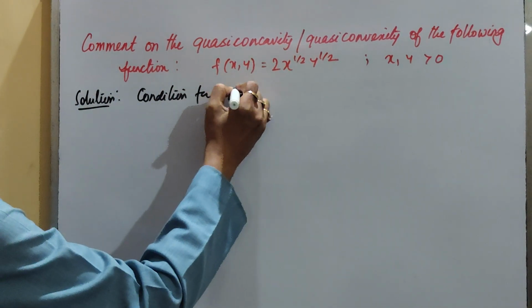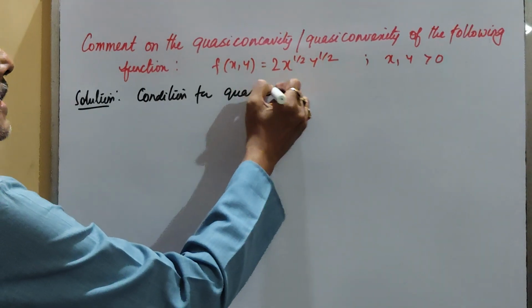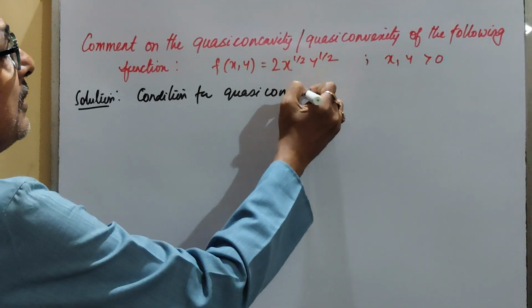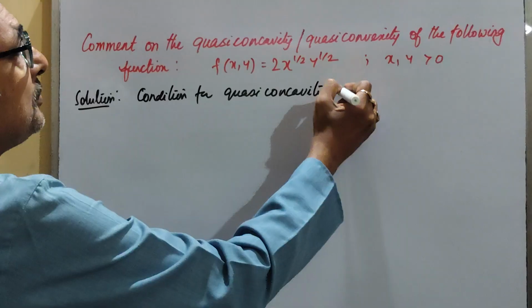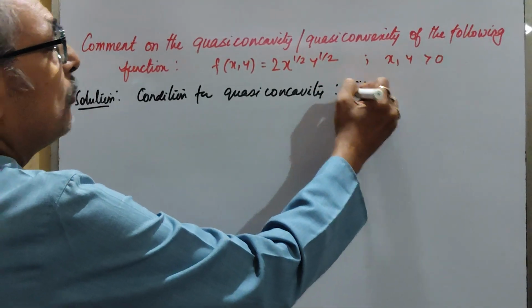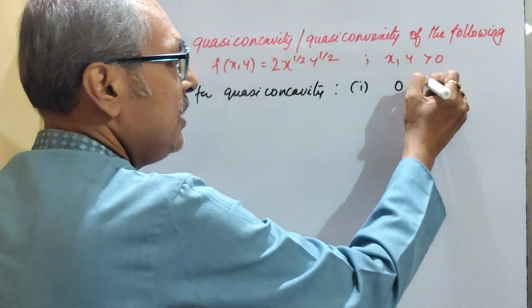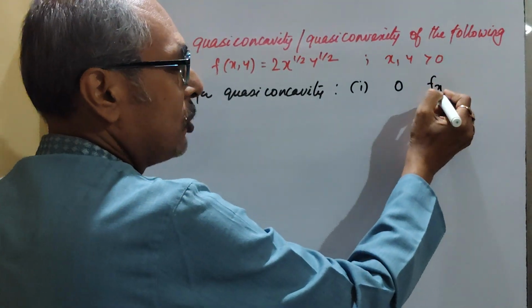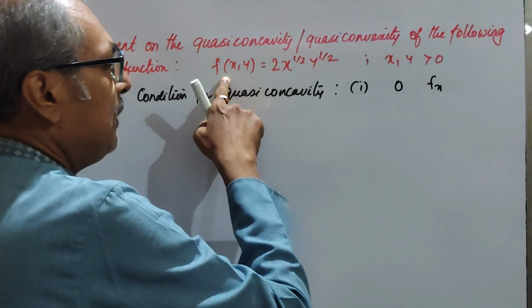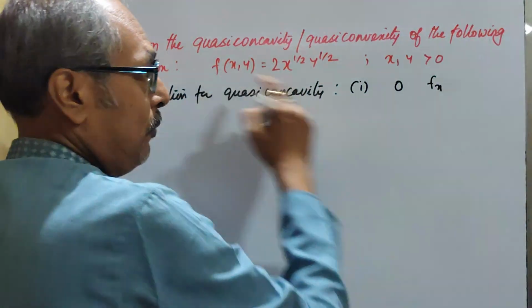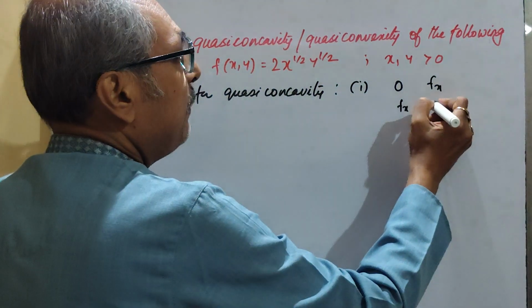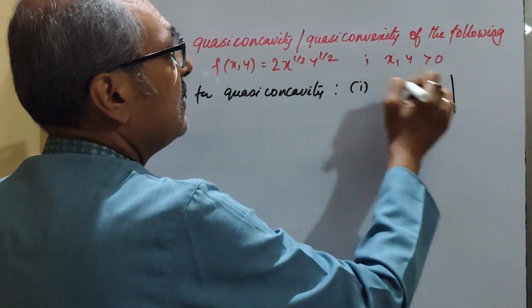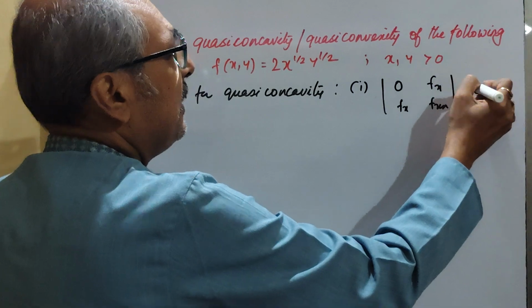Condition for quasi-concavity is: number 1, the determinant with rows 0, fx and fx, fxx, that is the first order partial derivative of this function with respect to x, fx, and fxx, this is negative.